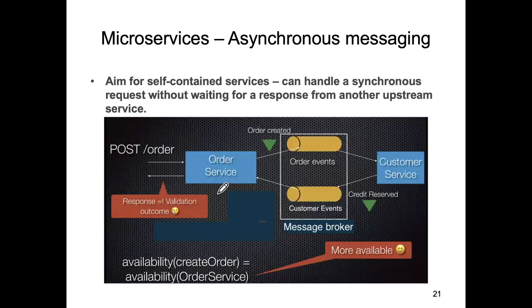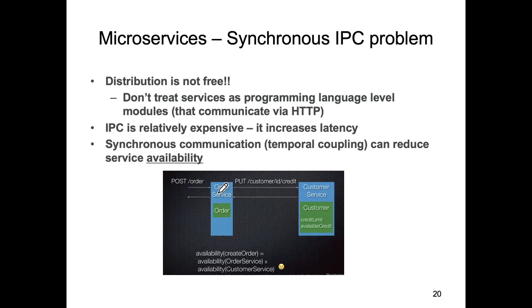Which brings us on to asynchronous communication. Up to now, the communication between our services in the microservices architecture has been synchronous. There's synchronous communication going on here and all the problems associated with that.